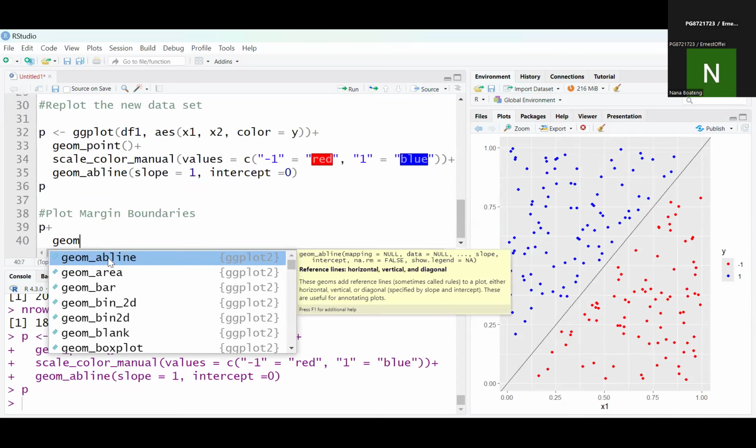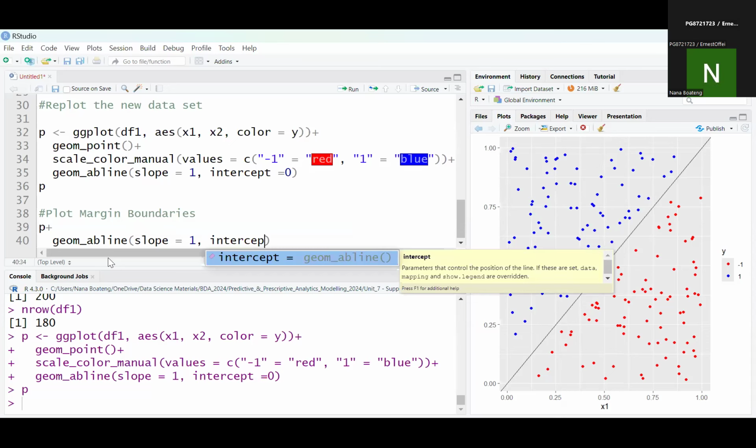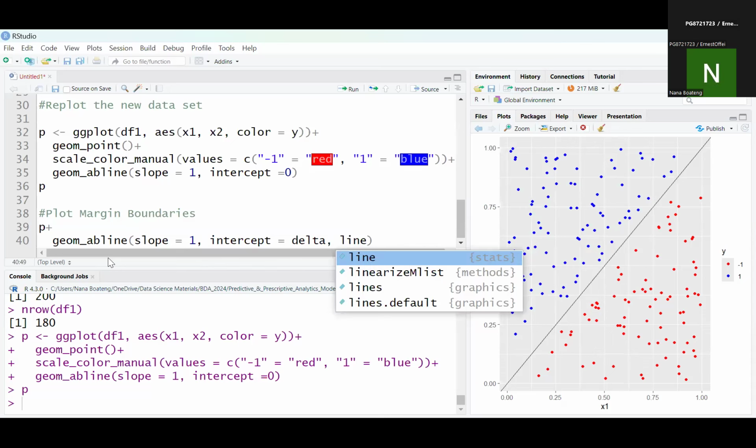Our slope is equal to 1. Our intercept is equal to the delta, isn't it? Which is 0.05. So let's specify our line type to be dash.